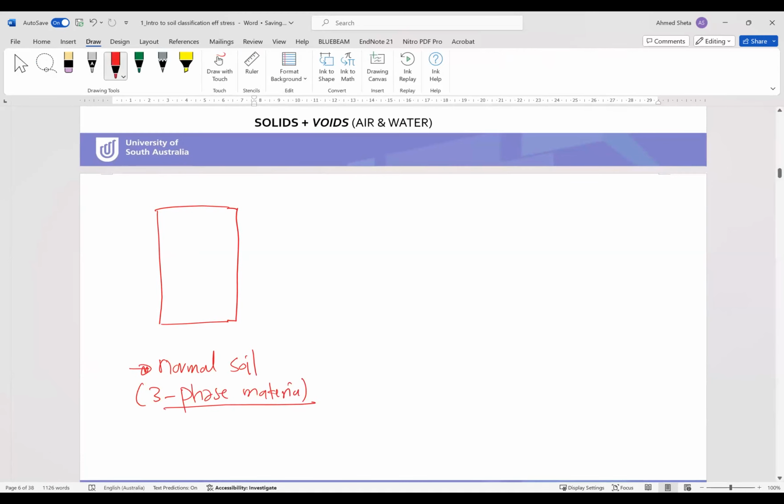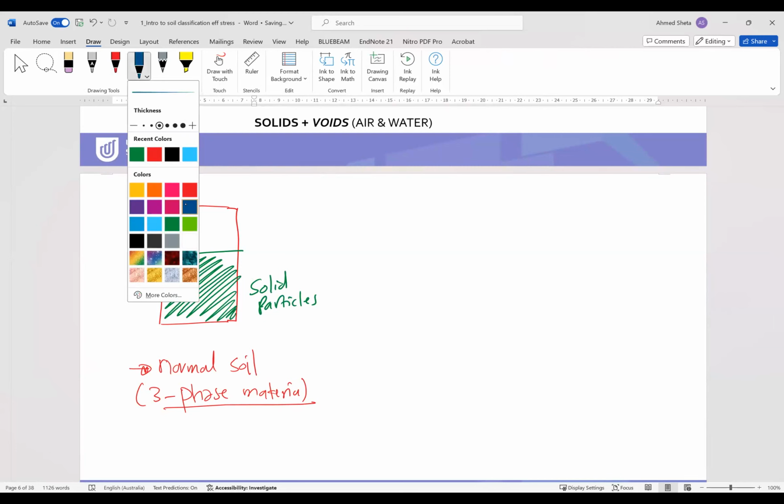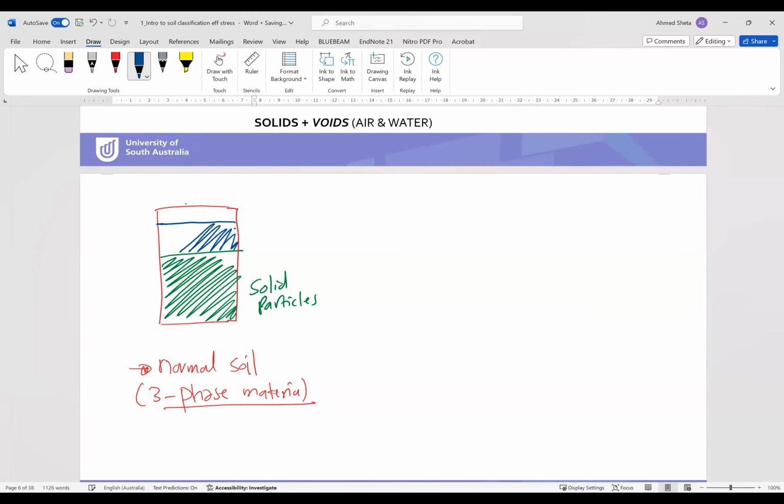The three phases of the soil are: we have solid particles, which are the main part, and we have the water, and finally, we have air.